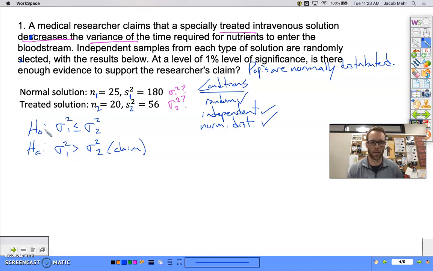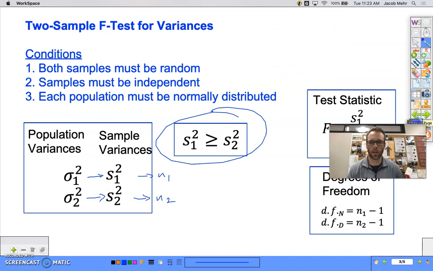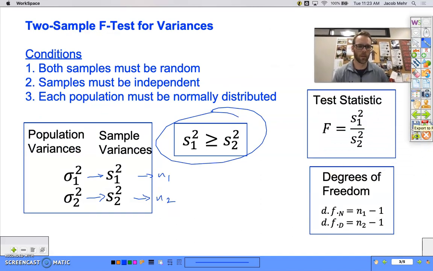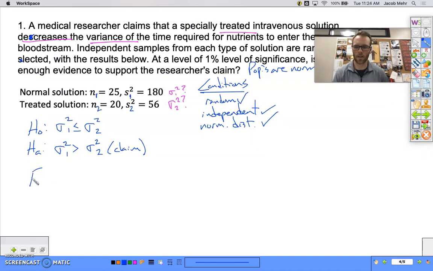So there's our hypotheses. Now, how are we going to run our test? Well, we need a test statistic right here. So let's find our test statistic, which is going to be S1 squared over S2 squared.